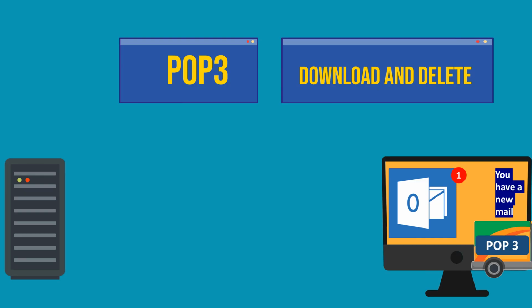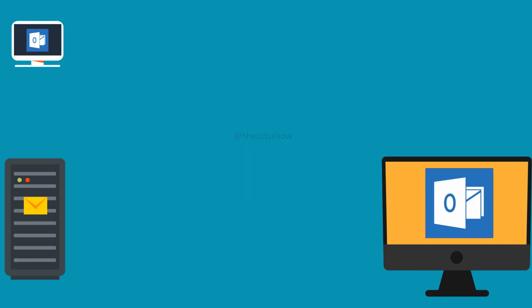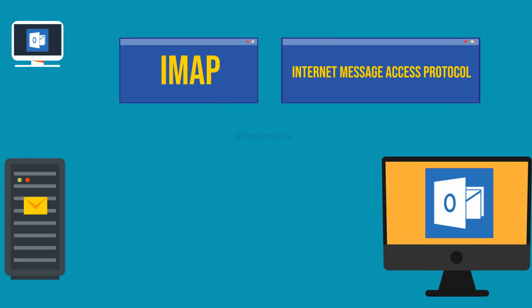This download and delete mechanism may be compared to a scenario where you collect your mail from a post office box, take it home, and the letters are no longer present in the post office box. Your emails are stored locally on your device, allowing you to access them even offline. Now, let's explore IMAP, the Internet Message Access Protocol.